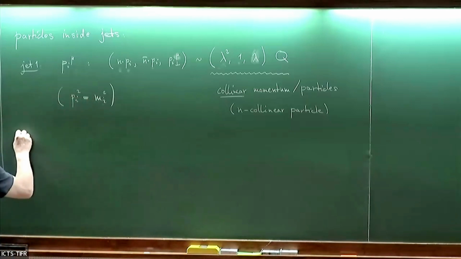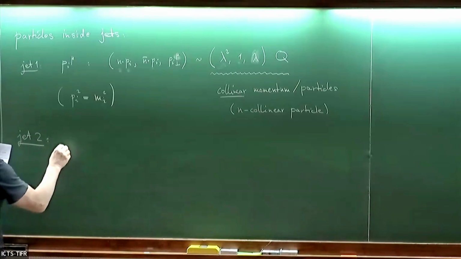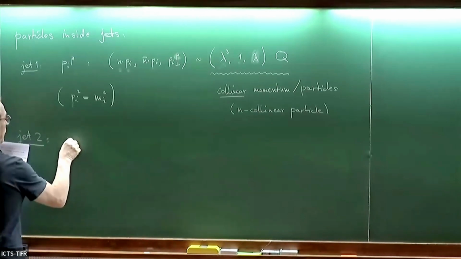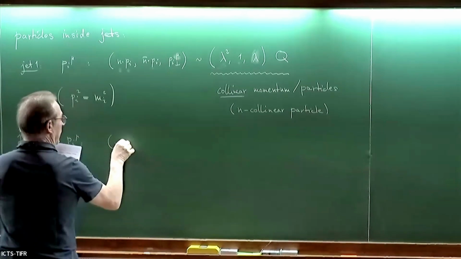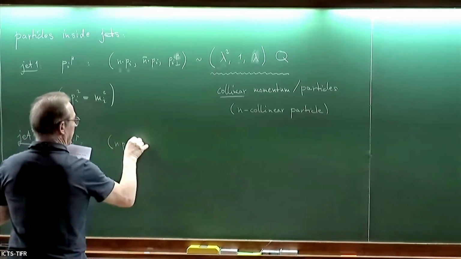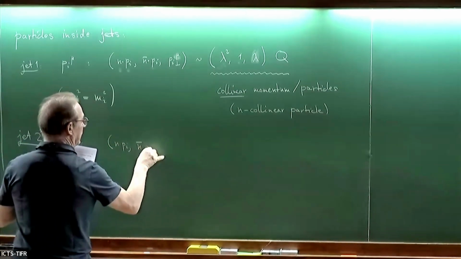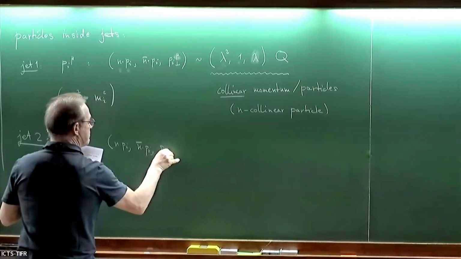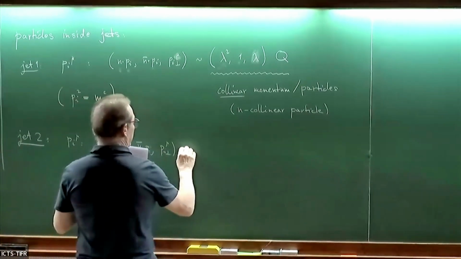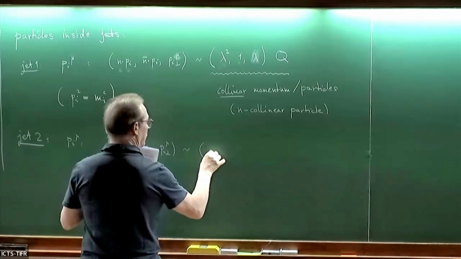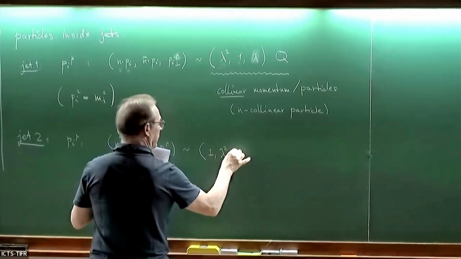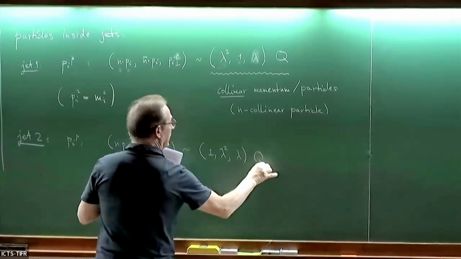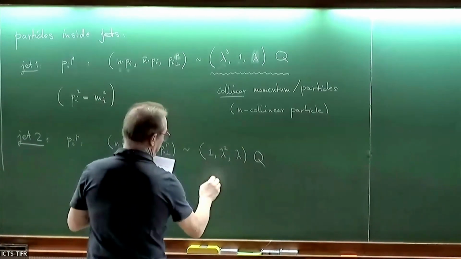This is for jet 1. For jet 2, it's the opposite. In jet 2, the momentum needs to be such that n dot p is the big thing, n bar dot p is the small thing. So the scaling here is opposite. The first component is 1, the second is lambda squared, the third is lambda. And that would be called different names.